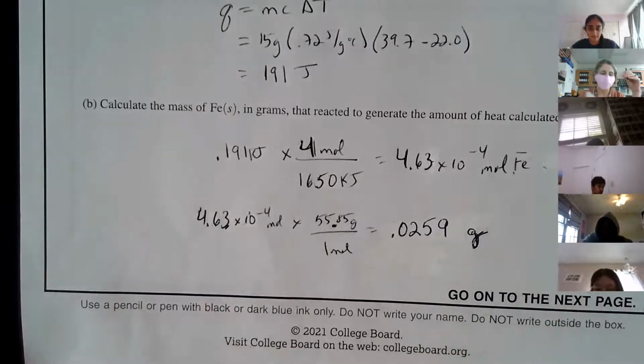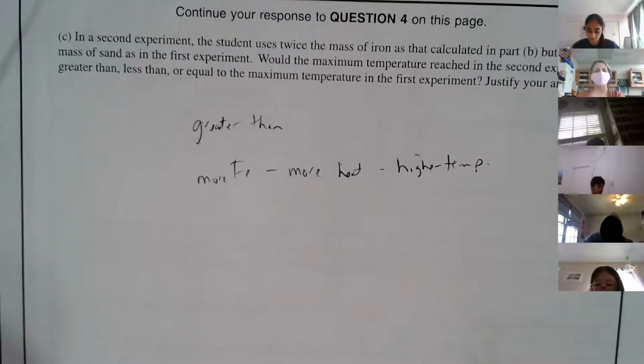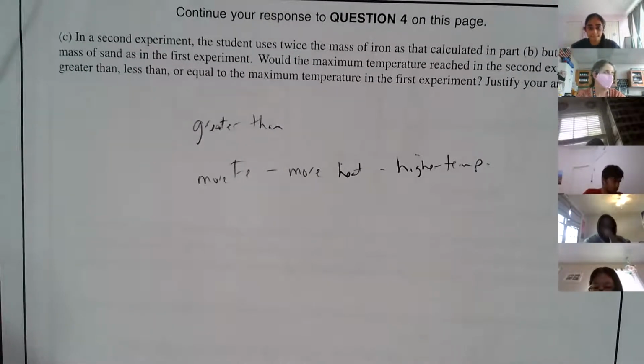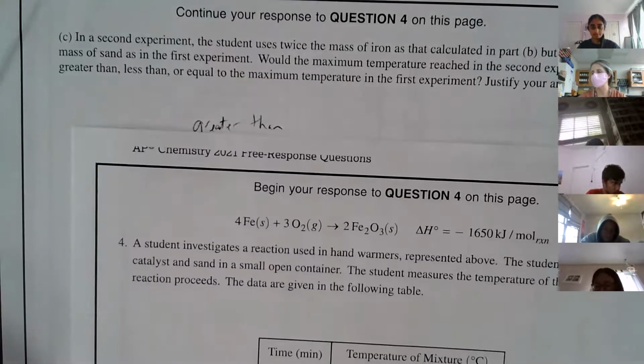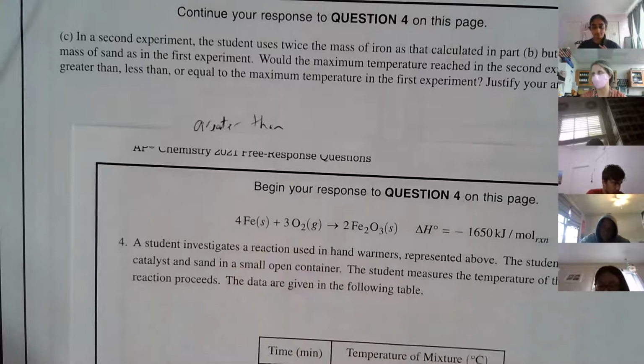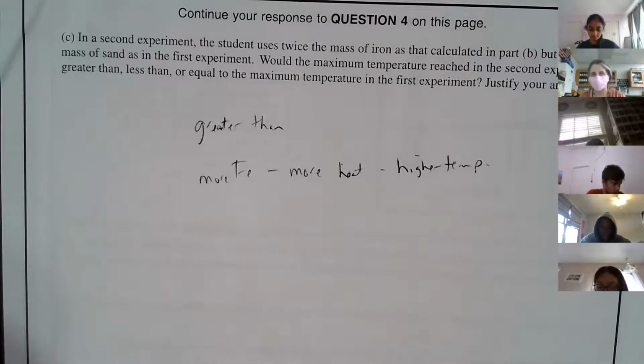So part C, you should have said greater than. That is because if you're using more Fe, you would get more heat, and therefore you would have a higher temperature. For this reaction, realize that you were reacting it with oxygen, and oxygen will always be in excess, meaning you're doing these experiments out in the open in most cases.